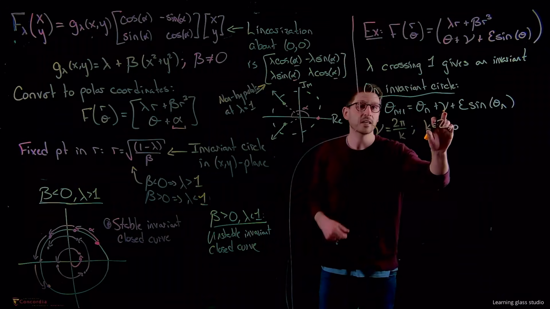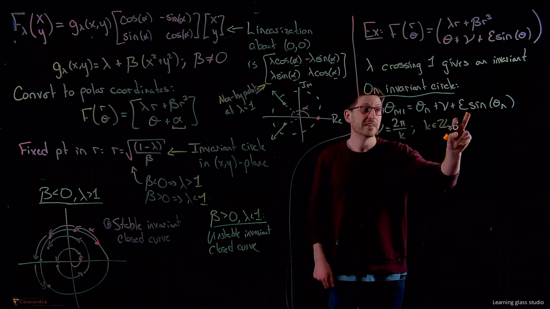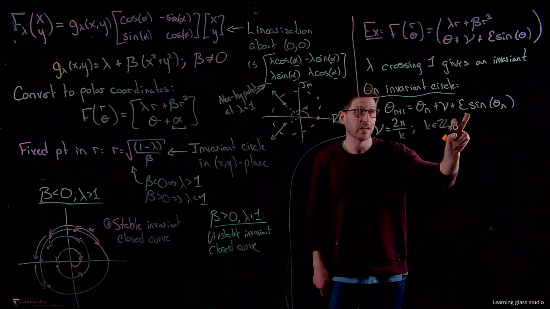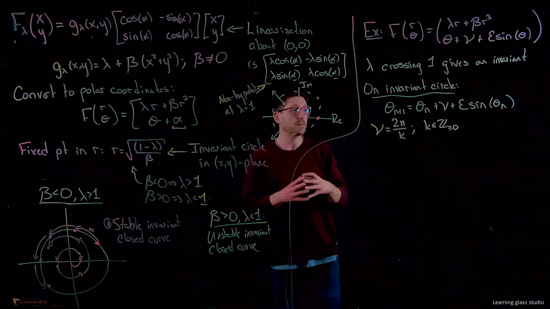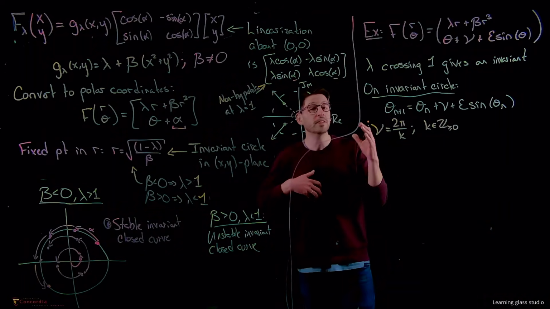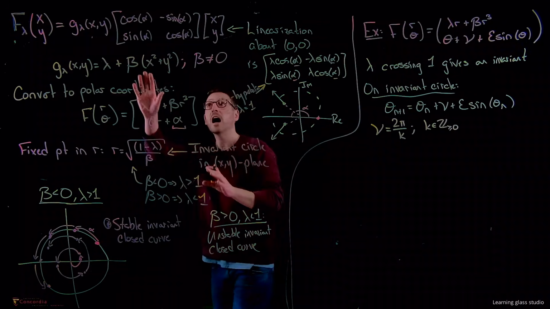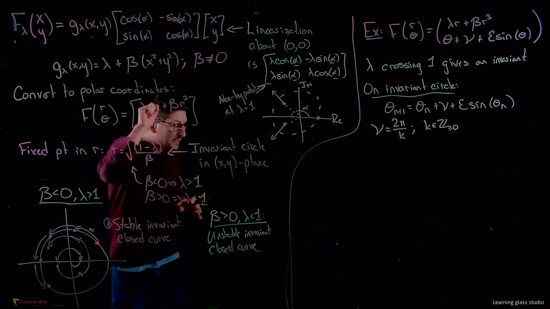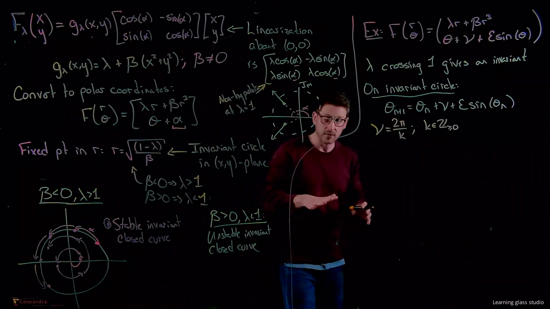However, if this is irrational, things get very, very complicated, right? Because as epsilon increases, you can fall in and out of Arnold tongues. And so what this tells us is that higher order terms really matter.